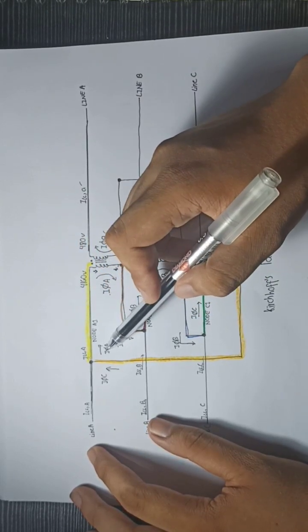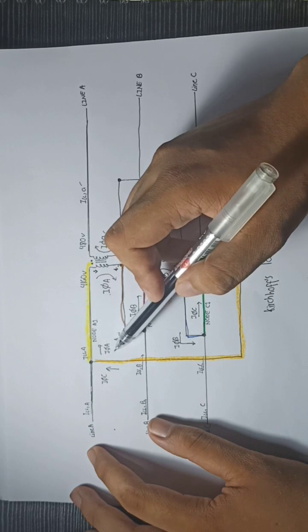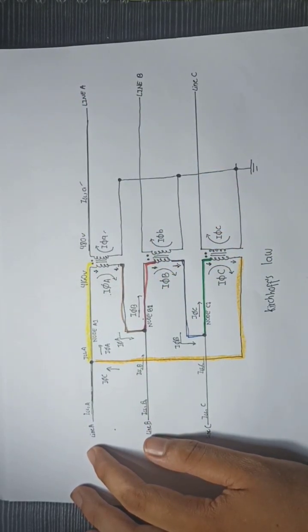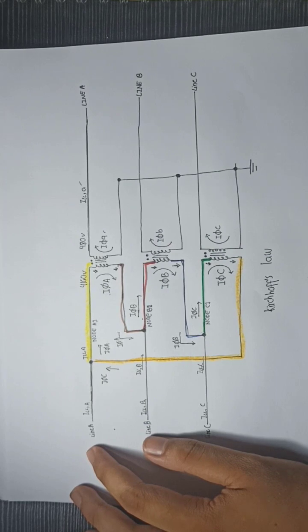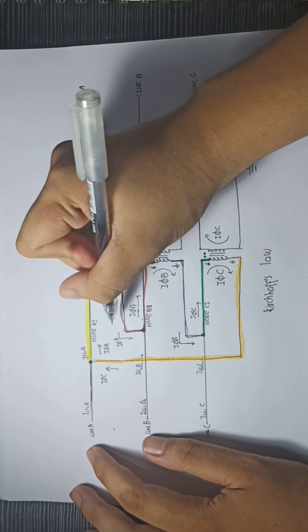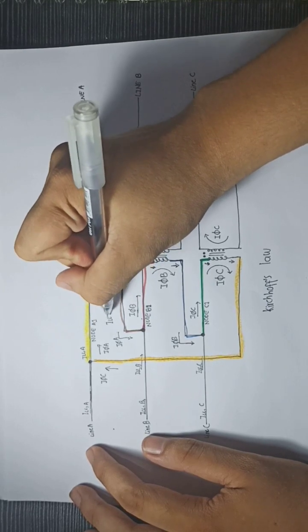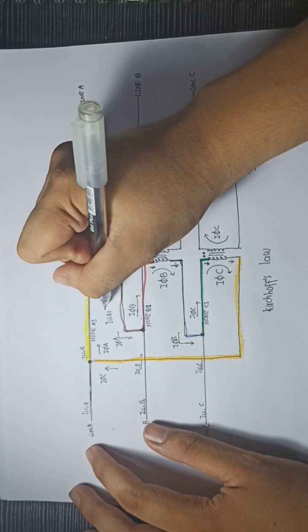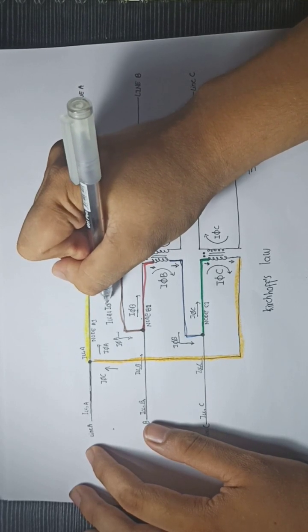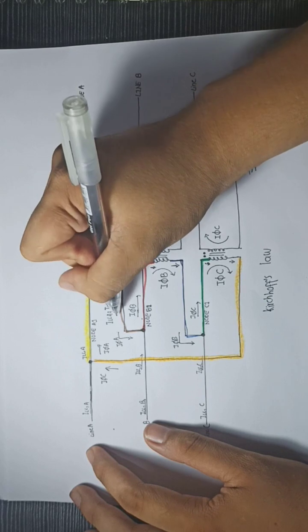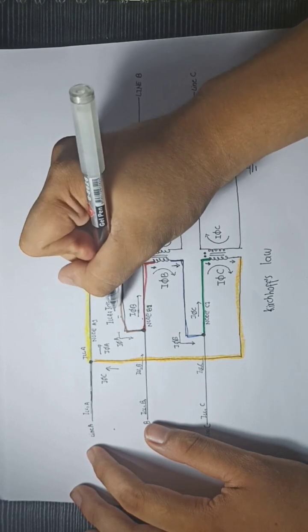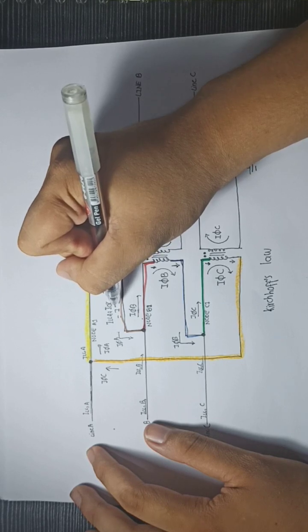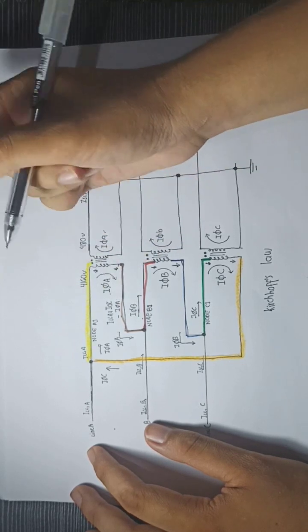However, phase current A flows out of node A1. So when we apply Kirchhoff's law, we can express this relationship as line-to-line current A plus phase current C is equal to phase current A.